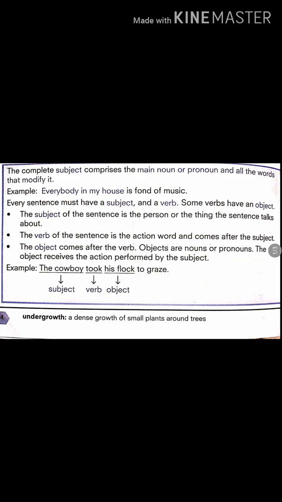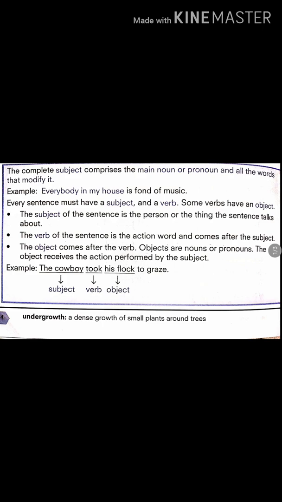From this definition we come to know that the subject comprises the main noun or pronoun and all the words that modify it. So here the words "who disagree" are the words that modify our subject. Let us see the example which is given over here.